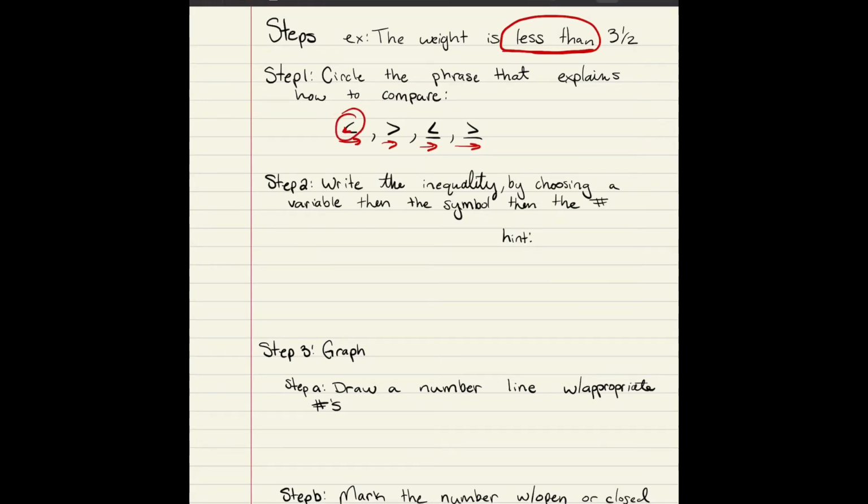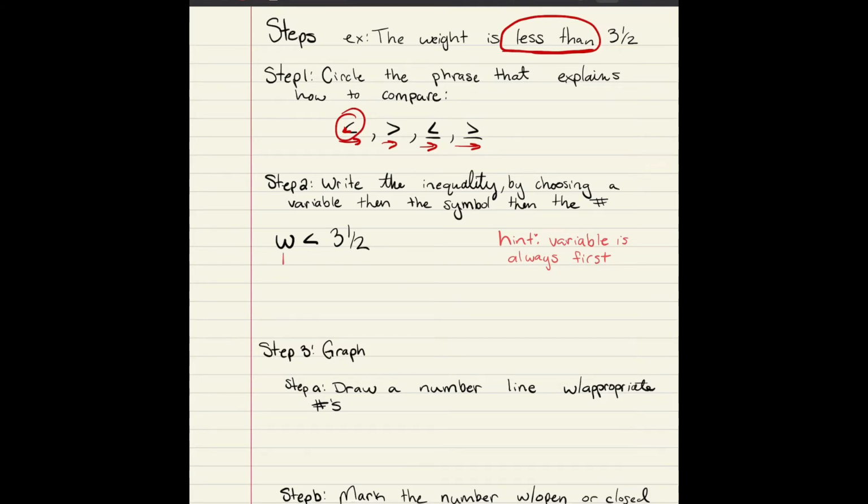Step 2 is to write the inequality by choosing a variable, then the symbol, then the number. So for this one, it was weight, so I chose W. Then we have to have our symbol, which was less than, and then the number, which was 3.5. And here's your hint. So our hint is that the variable is always first.